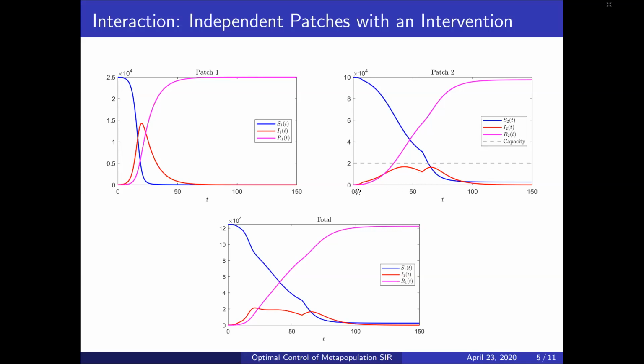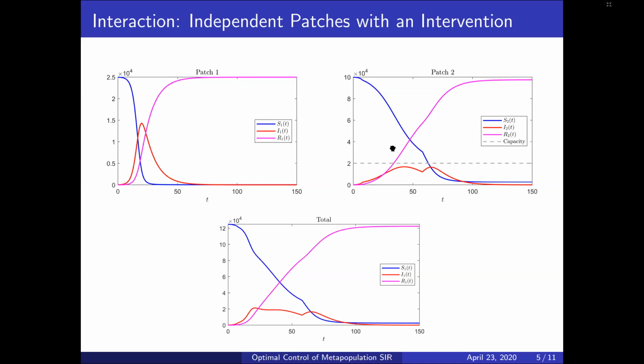After 50 time steps the intervention is cancelled, but if we say this line is a hypothetical capacity line, it helps keep it under the capacity, and essentially that's what's been talked about as flattening the curve.